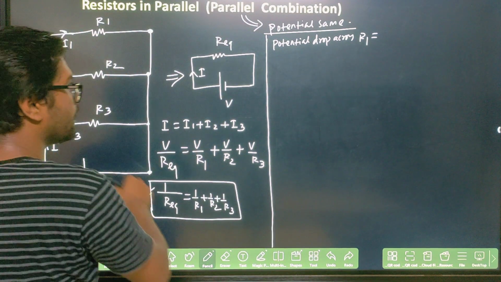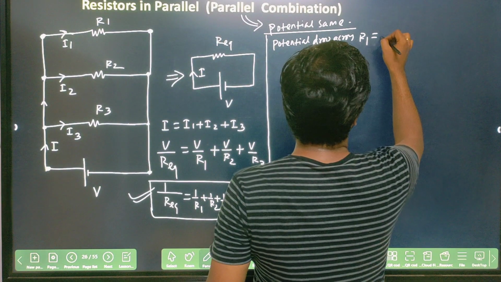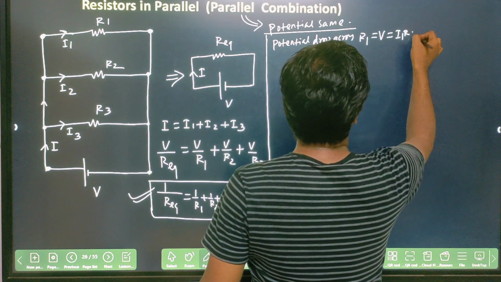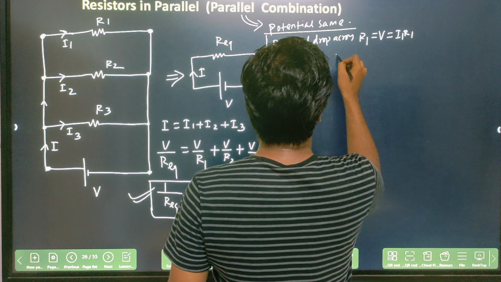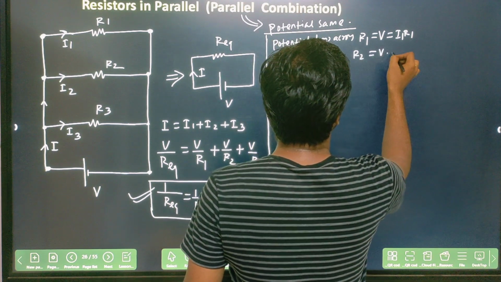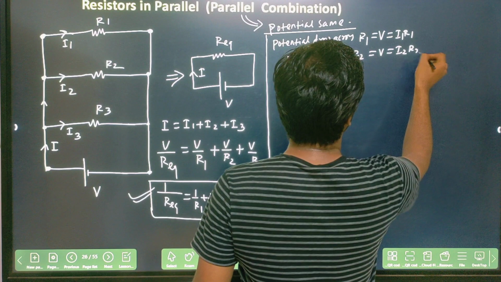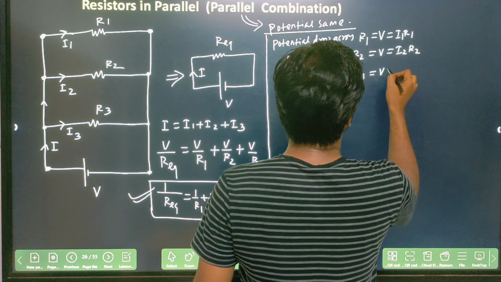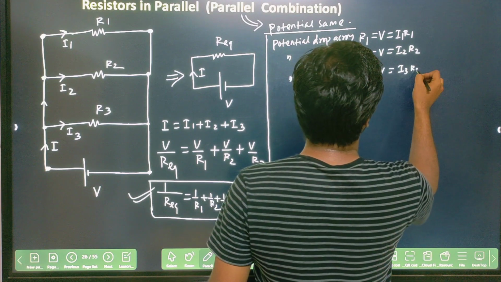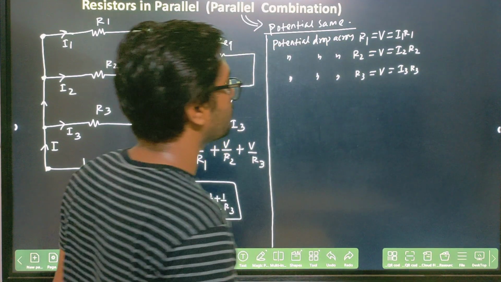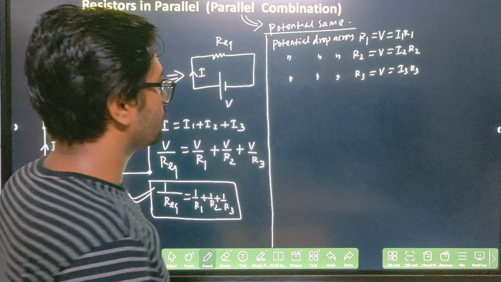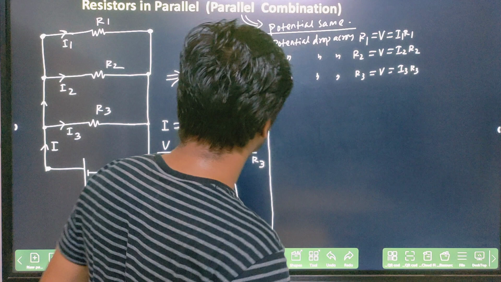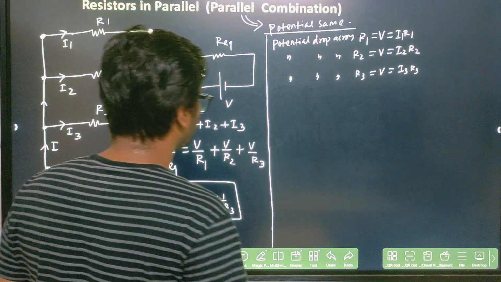You will say the same V, right? This will be V, and that will be equal to I1 into R1. Similarly, potential drop across R2 is the same V. This will be I2 R2. Similarly, potential drop across R3 is V. This will be I3 R3. Clear? So I can write I1 R1 equal to I2 R2 equal to I3 R3. Okay, this is the potential drop.